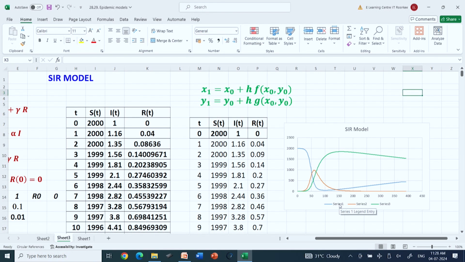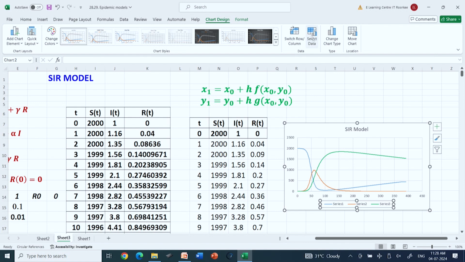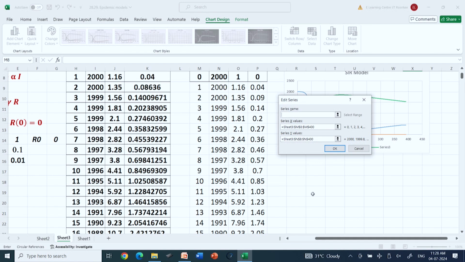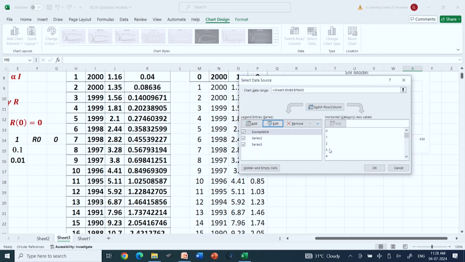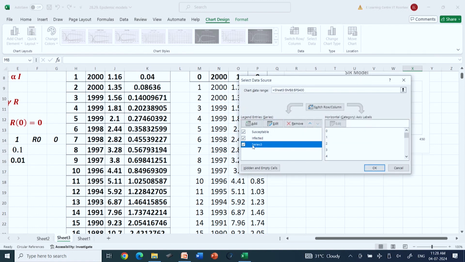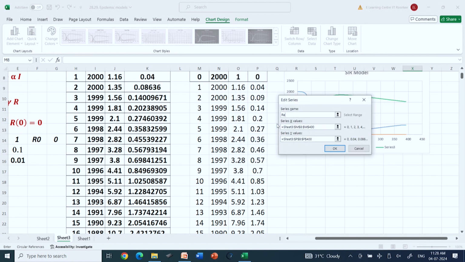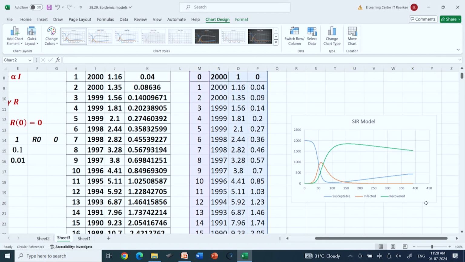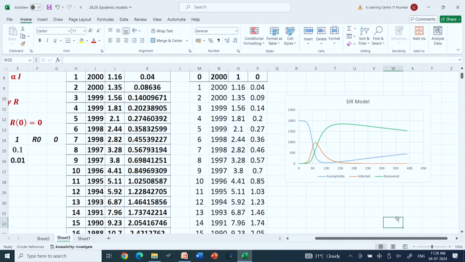If you want to change the series, go to select data, go to edit, and the first one is susceptible, the second one is infected, and the third one is recovered. So we get this dynamics.